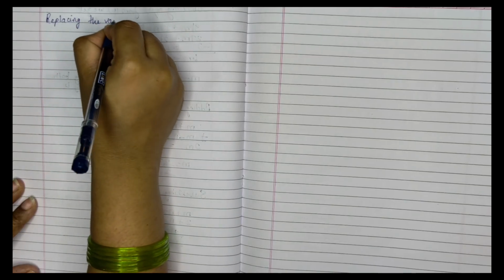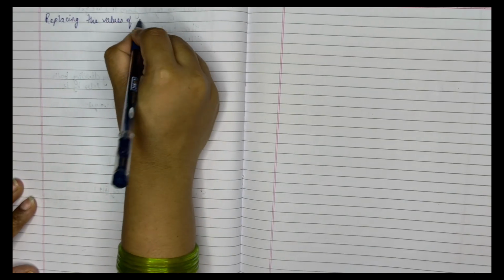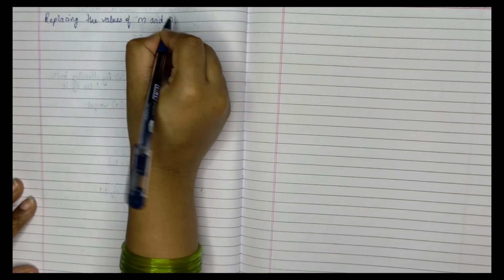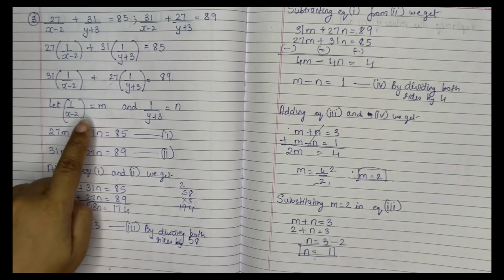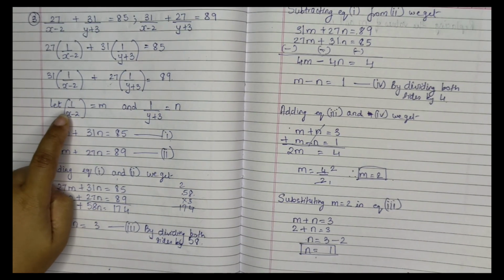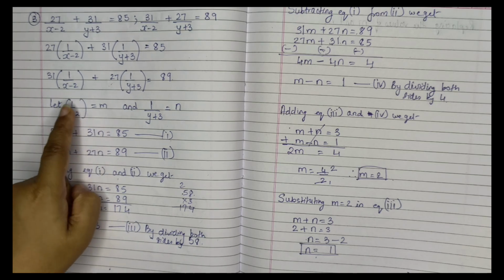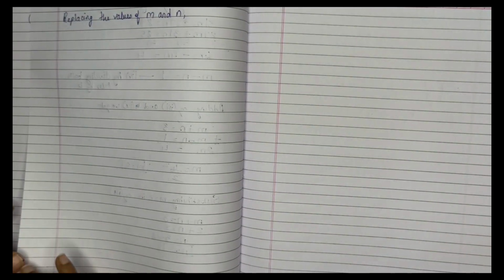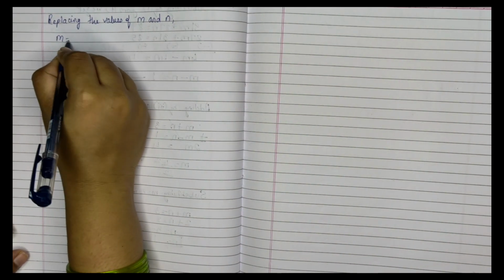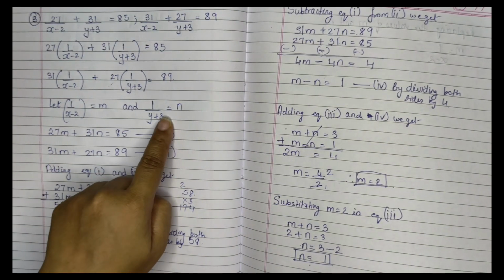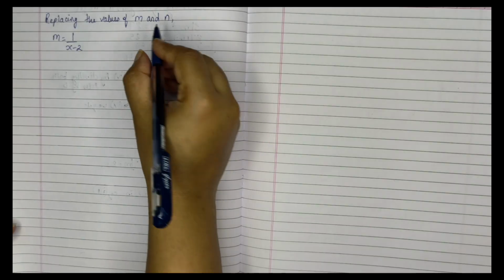Replacing the values of m and n. See here, what we have taken in m's place is 1 upon x minus 2, so m is equal to 1 upon x minus 2 and n is equal to 1 upon y plus 3.